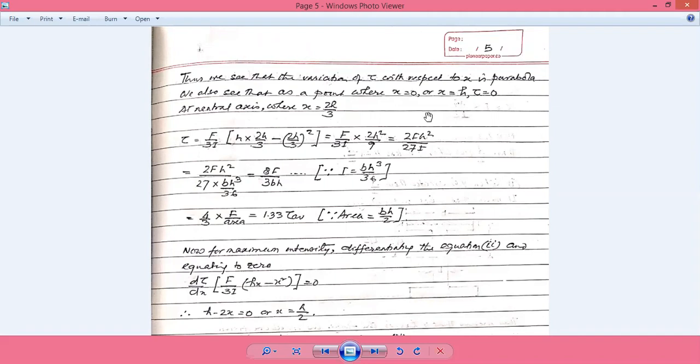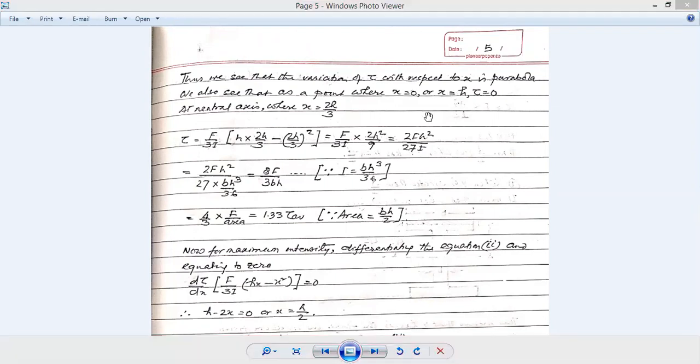Then h minus 2x is equal to 0, so x is equal to h by 2. So the maximum value of shear stress will happen at a distance half of the height of the triangle.